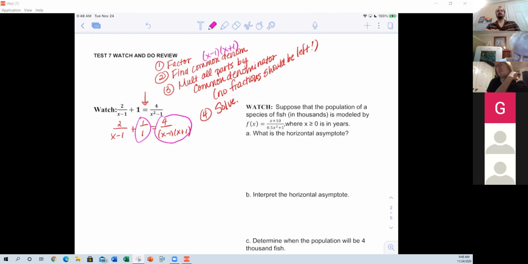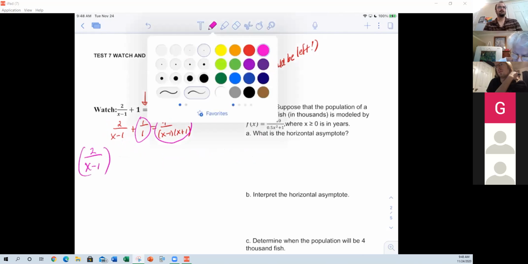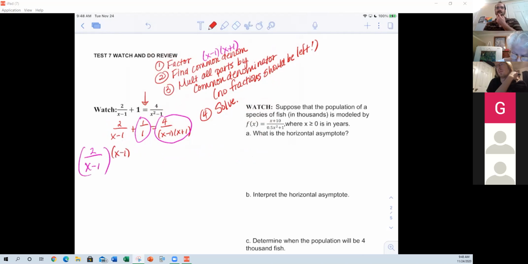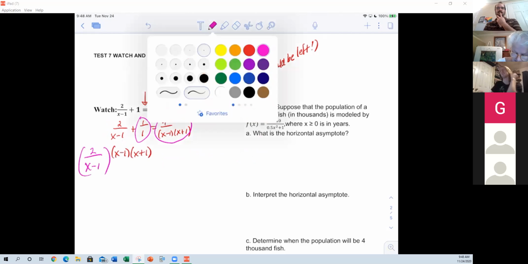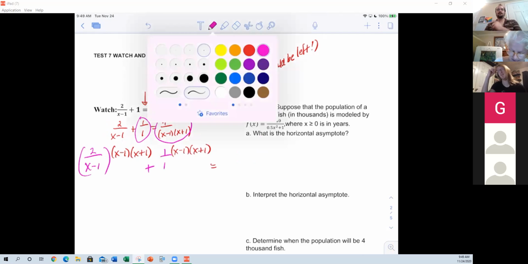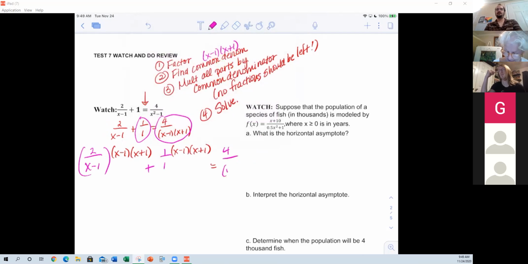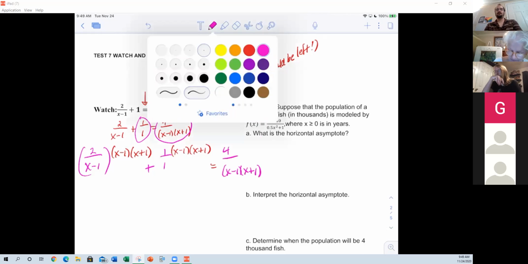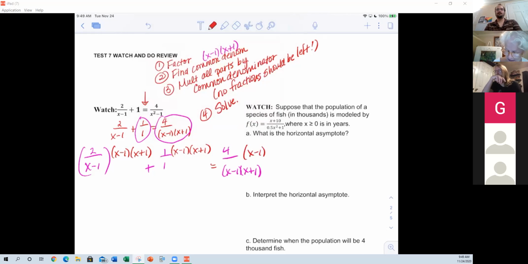Okay, so this would be 2 over x minus 1 times x minus 1 times x plus 1, plus 1 over 1 times x minus 1 times x plus 1, equals 4 over x minus 1 times x plus 1 times x minus 1 times x plus 1.